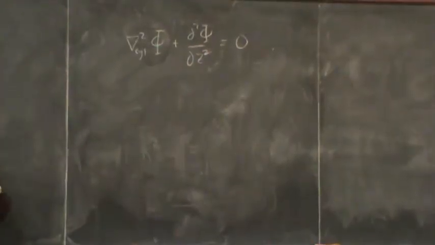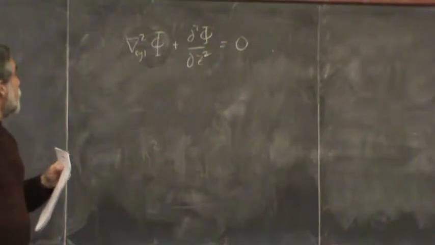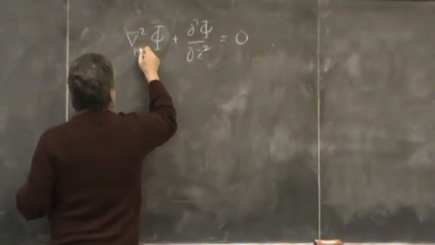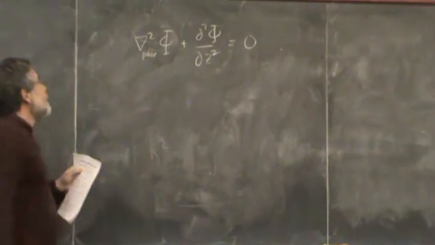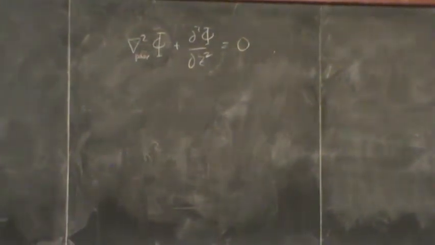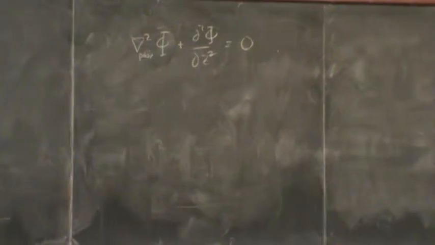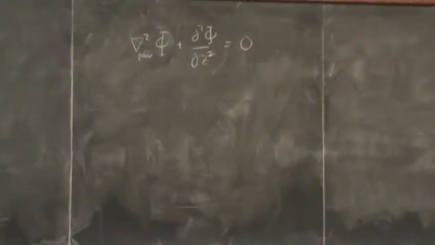Don't you mean the Laplacian for polar? Because that's part of the Laplacian for cylindrical? Polar. There we go. Okay. Yeah, you have to do that since Brian's not here. I have to fill in for him.